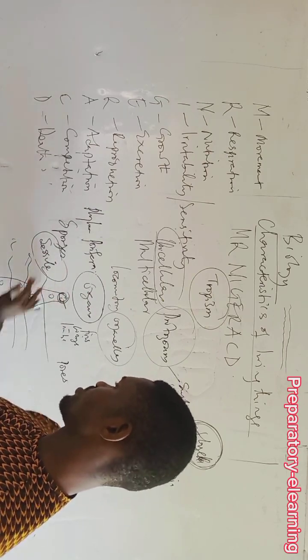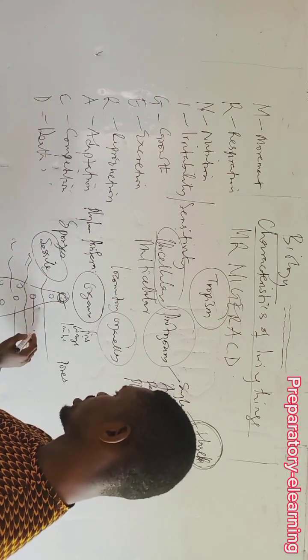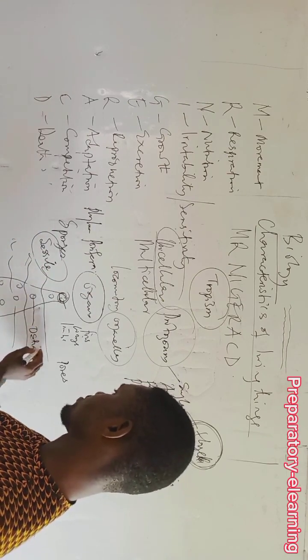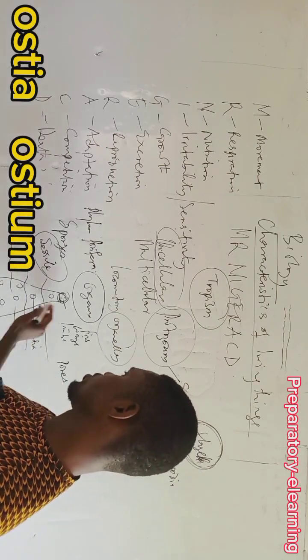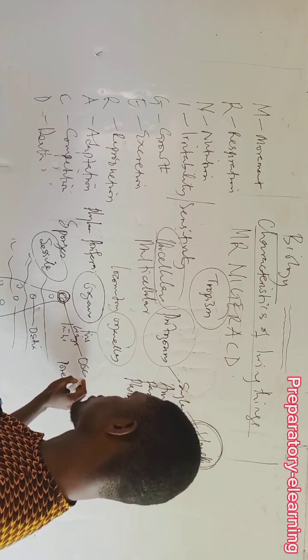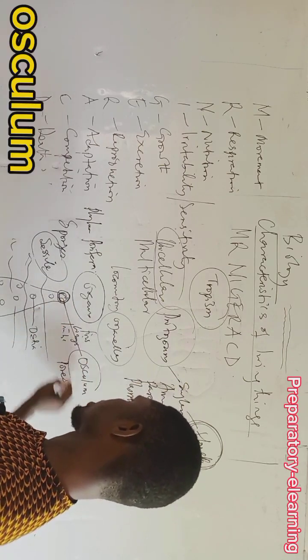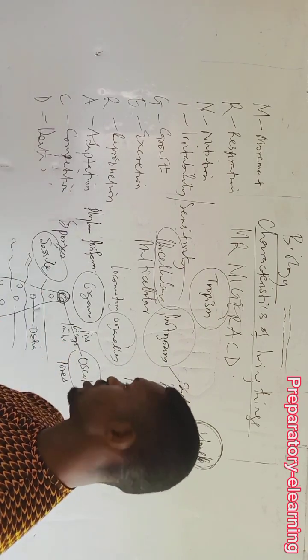These other tiny pores on the body of the organism are called the ostia. Singular is ostium, and plural is ostia. Then we have this other very large pore known as the osculum. These are two different pores that surround the system of this particular organism.